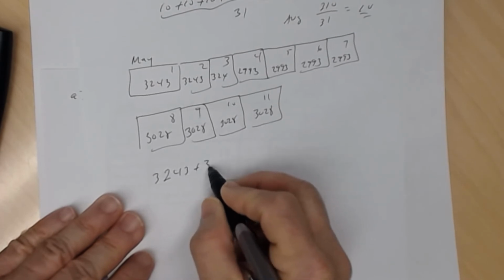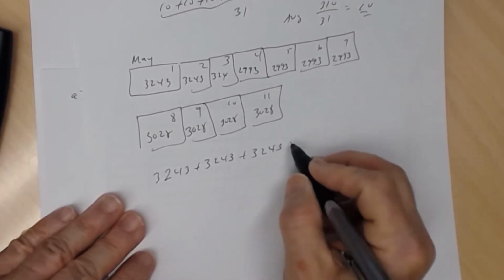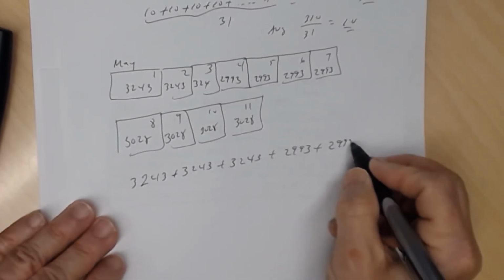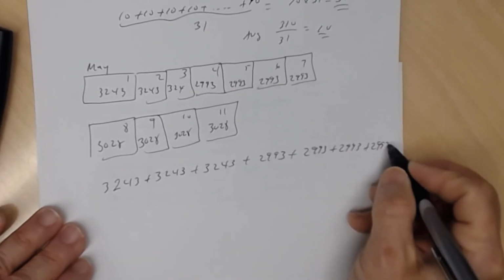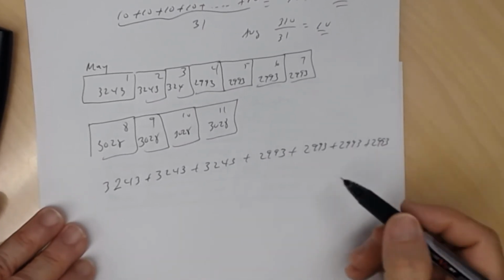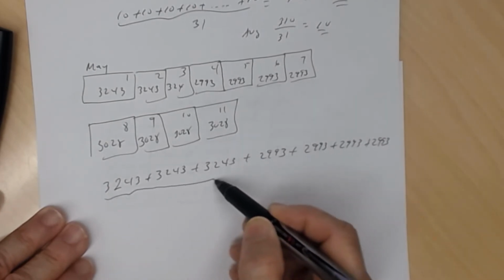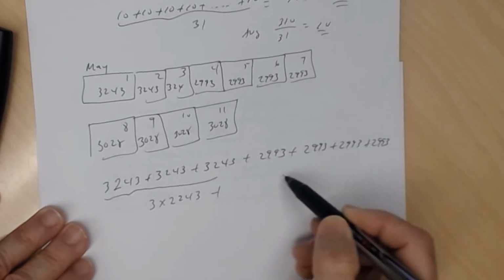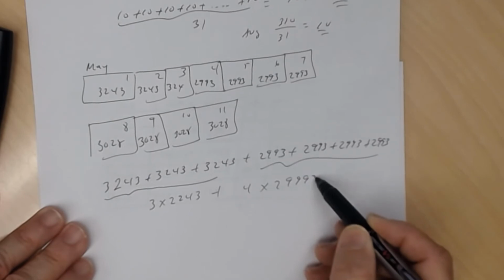So rather than saying 3,243 plus 3,243 plus 3,243 plus 2,993 plus 2,993 plus 2,993 plus 2,993 and so on, you know from experience that you can just say 3 times 3,243 plus 4 times 2,993.